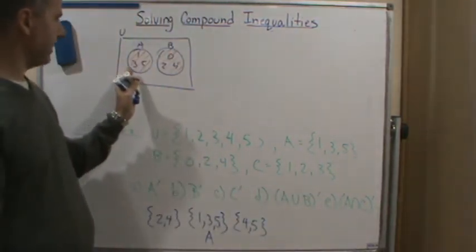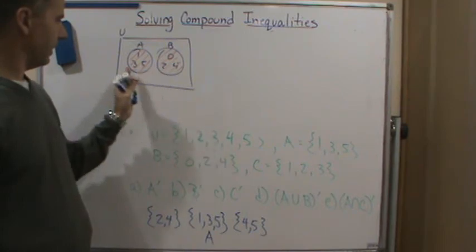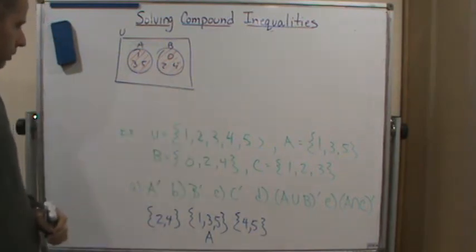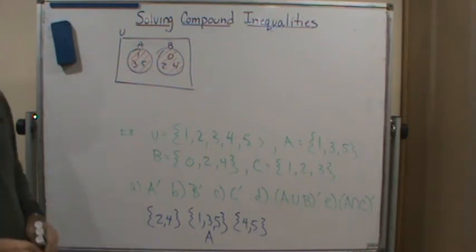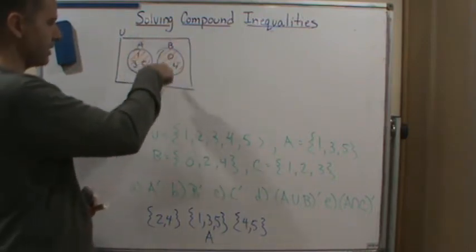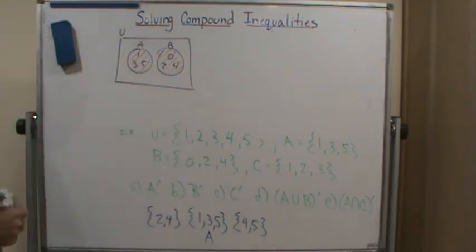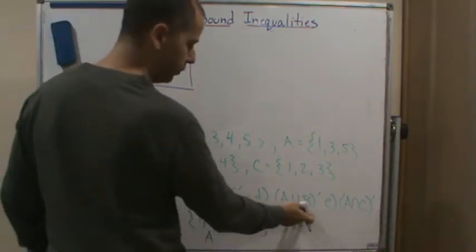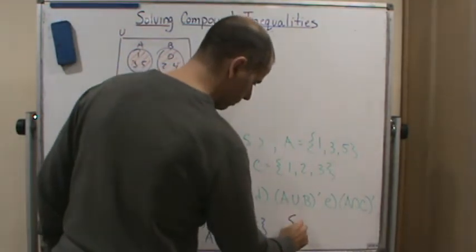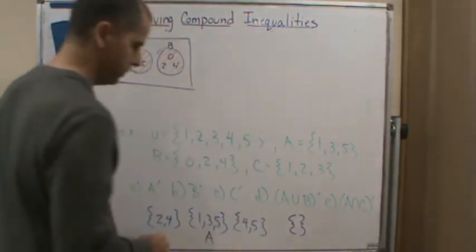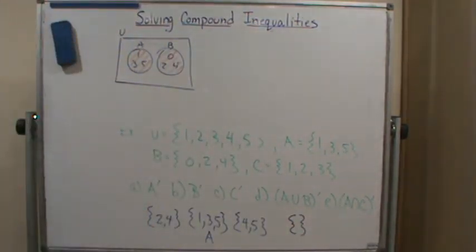Well, what is that? That's nothing, because there's nothing outside of those. So the complement of the union of A and B is the empty set, or the null set.